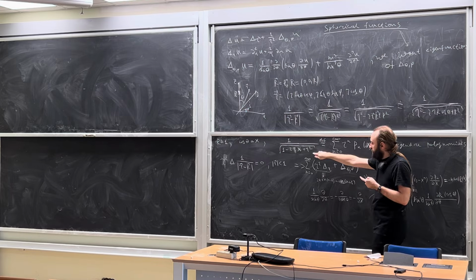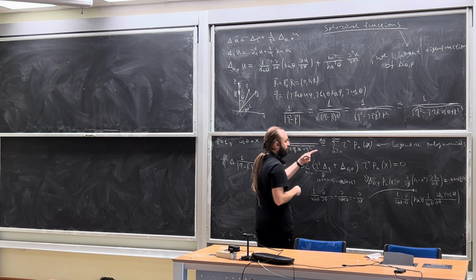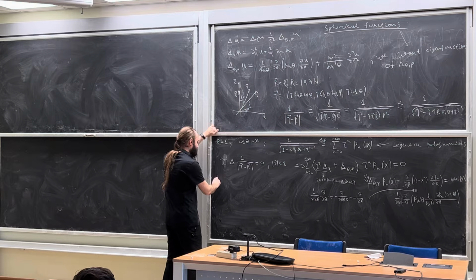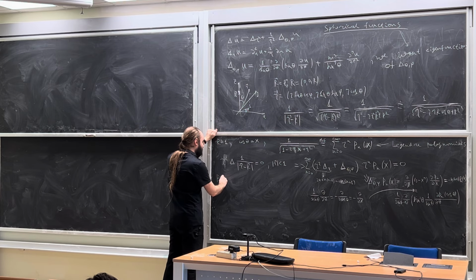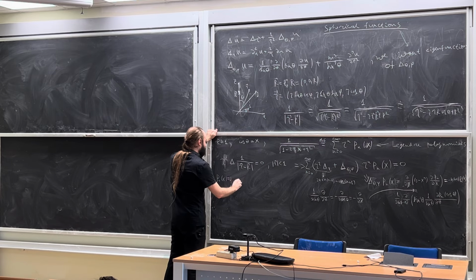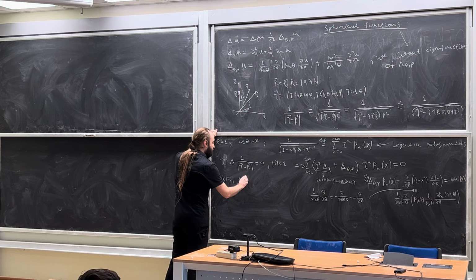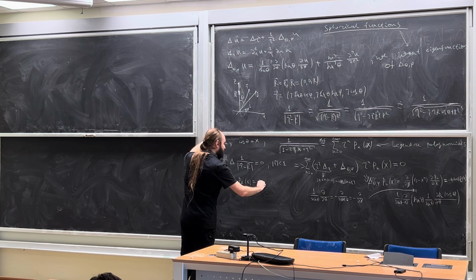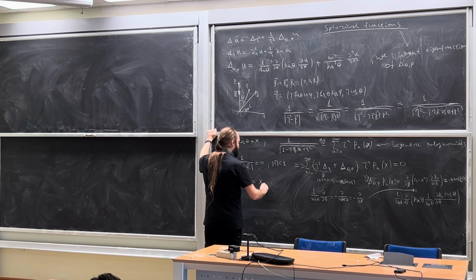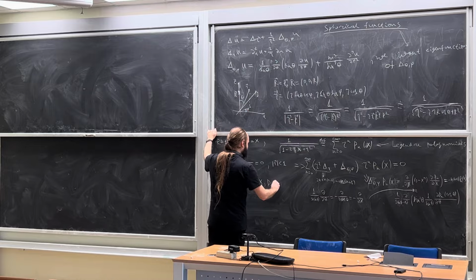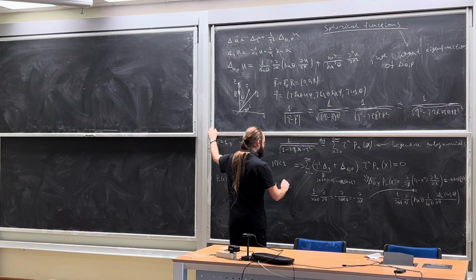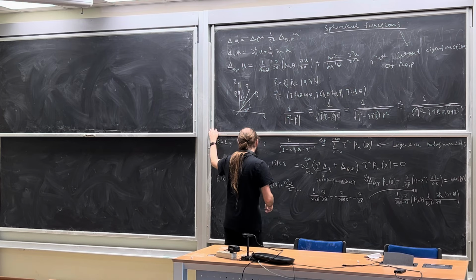You can simply expand this as a Taylor series in R and find the first Legendre polynomials, like P0 of x is 1, P1 of x is x, P2 of x is 3x squared minus 1 over 2, and so on.